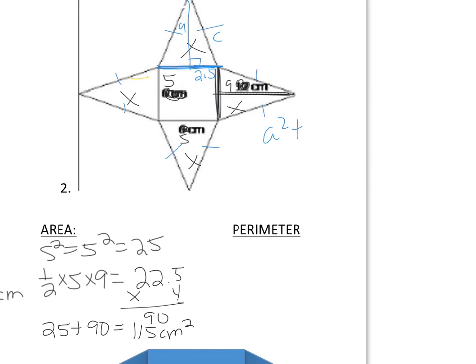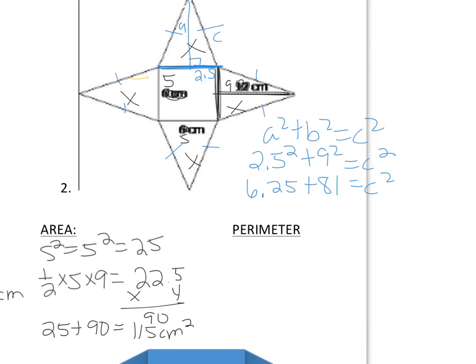So a squared plus b squared equals c squared. 2.5 to the second plus 9 to the second. 2.5 to the second is 6.25. You're going to go ahead and add, and that'll give you 87.25.